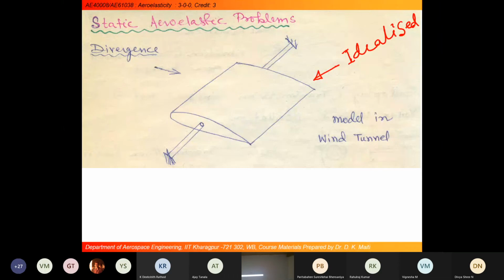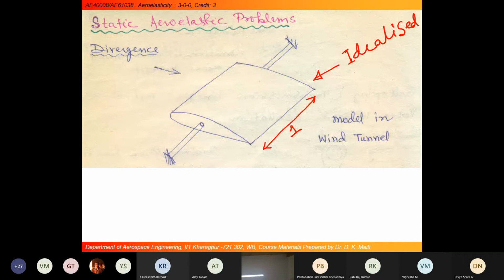There you have taken an aerofoil section, studied the flow characteristics, and found how the pressure load is developed. That same thing we are considering here: an aerofoil cross section, and then along the span direction a unit width. Whatever I have idealized here, the width is unit.